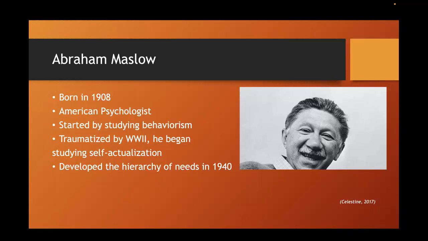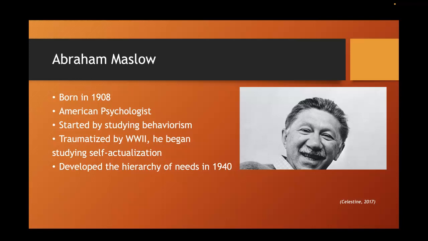Before we talk about the hierarchy of needs as a theory itself, let's talk a little bit about who Abraham Maslow was. He was born in 1908, really just to set the scene of where this came up. It was during World War II, so that was a lot of the driving force behind this work.